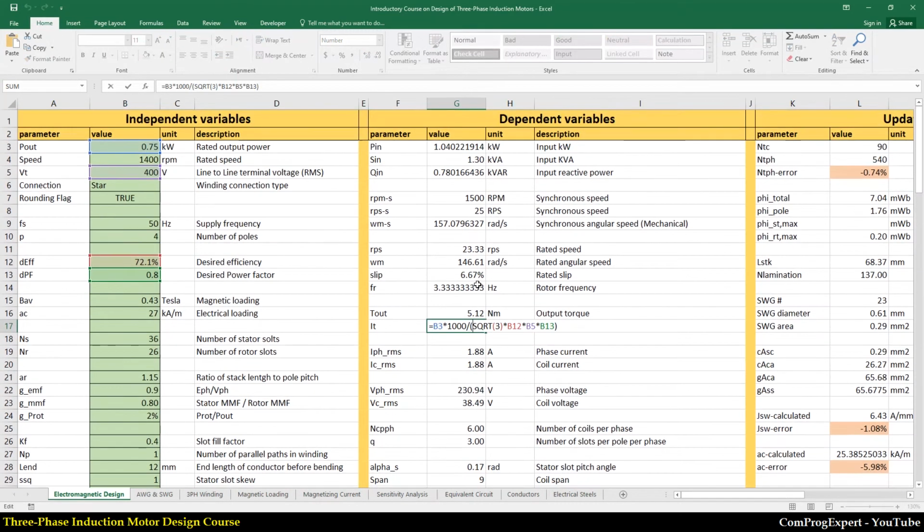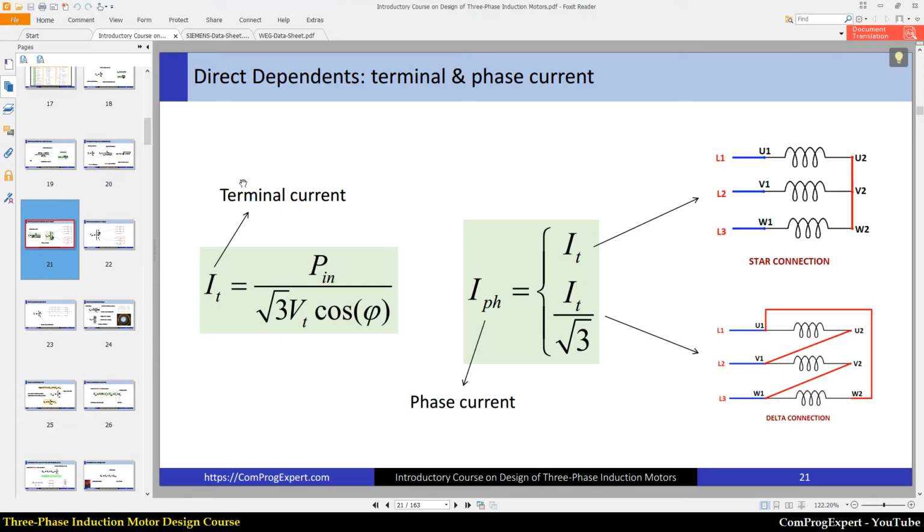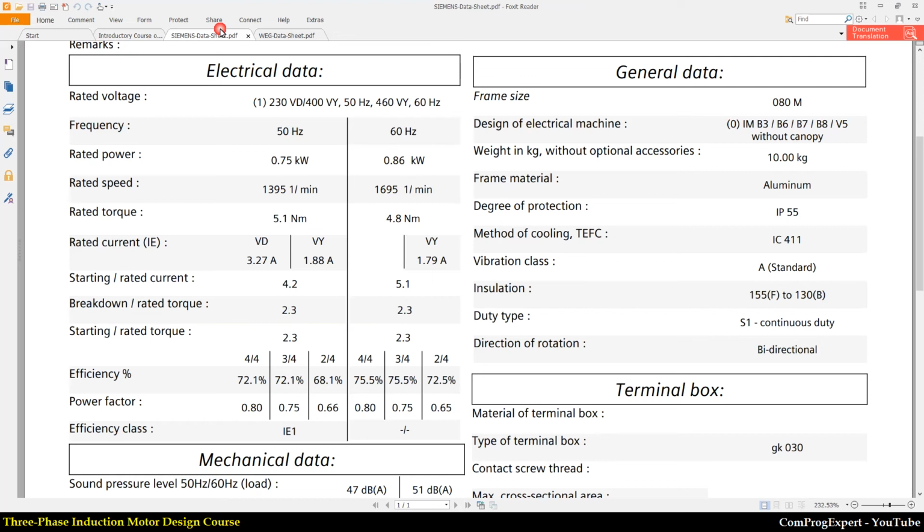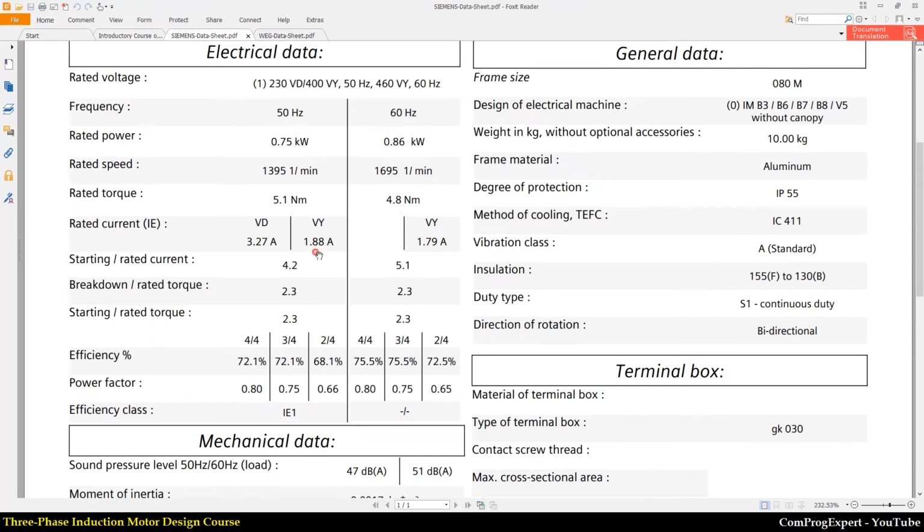And also let's check the value of terminal current for the Siemens motor, that is equal to 1.88, right? When we have a star connection, the value of line current is equal to 1.88.